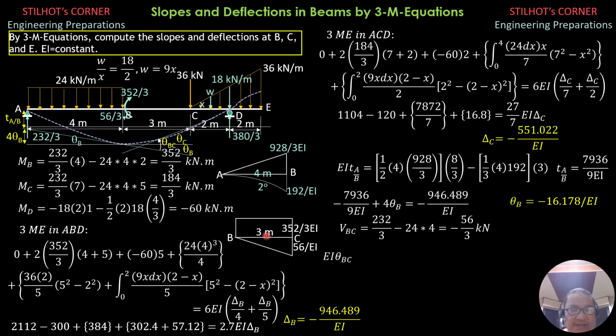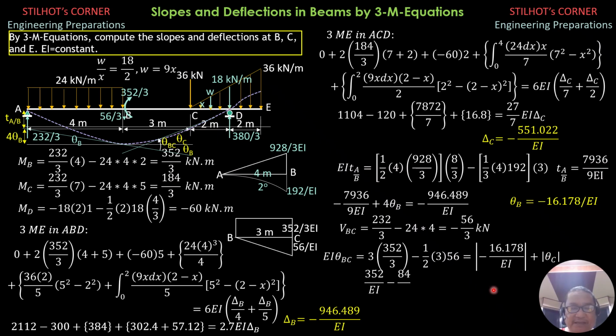So EI theta BC is the area: 352 over 3 times 3, minus 1 half of 3 times 56. Then this value is equated to absolute value of theta B plus absolute value of theta C. Theta C is expected positive, so you may get rid of this absolute value bar.